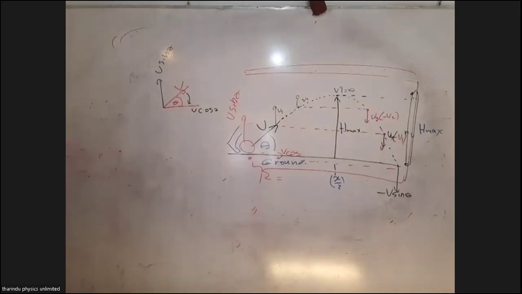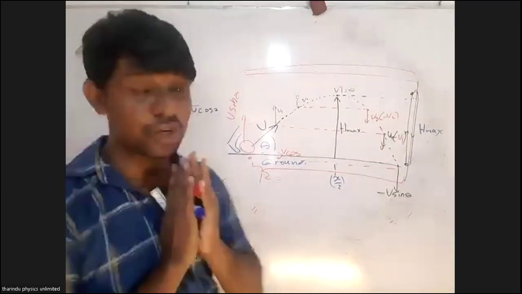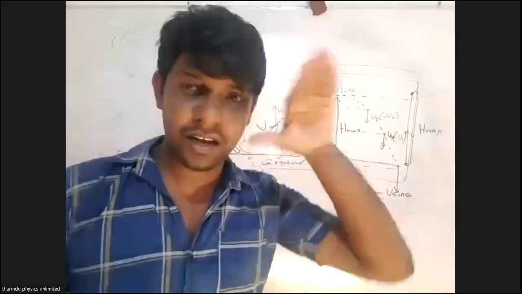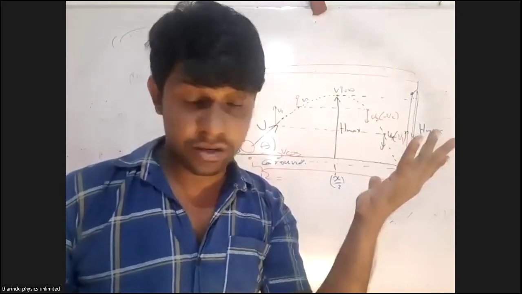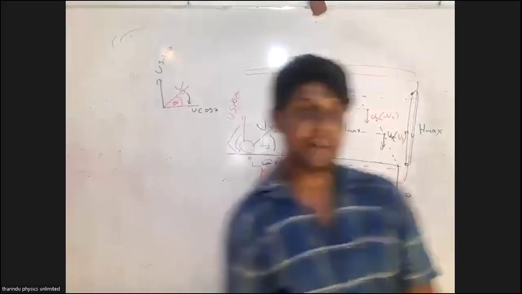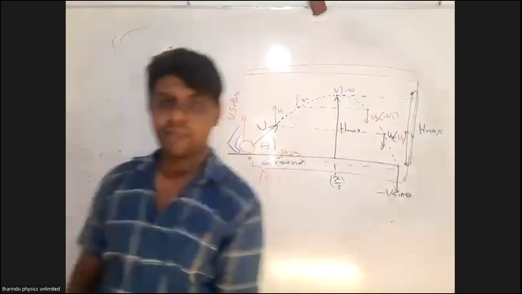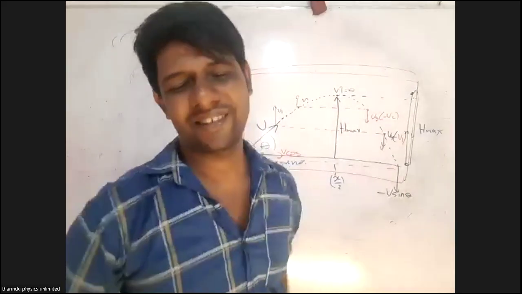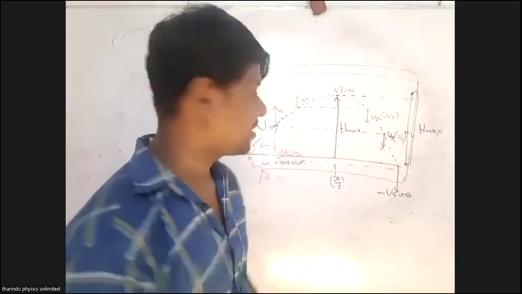Now, I told you the horizontal velocity does not change at any cost because we don't consider the air resistance. The gravity does not affect horizontally at all. Gravity is not affecting horizontally.